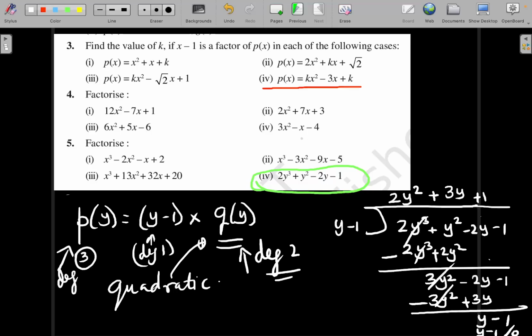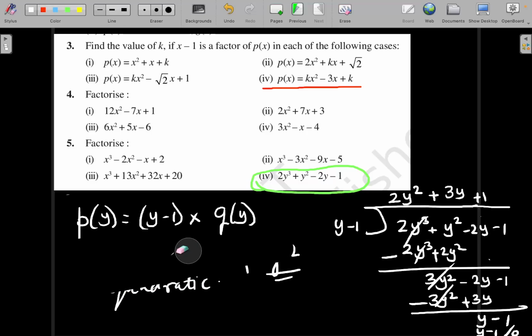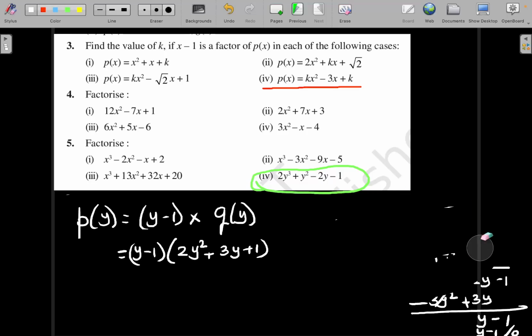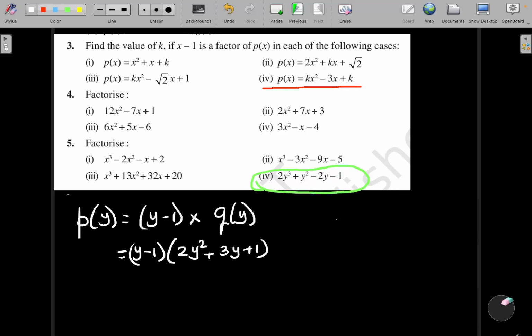So here you go, I've got the other factor, and therefore I shall now write it here. Basically I got the quotient here, so this is equal to now y minus 1 into 2y square plus 3y plus 1. And finally I need to factorize the quadratic, and I'll use the so-called splitting the middle term method.